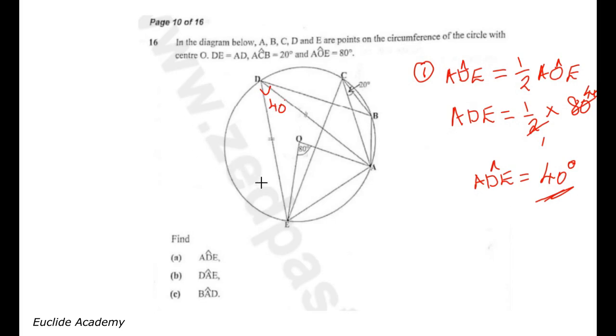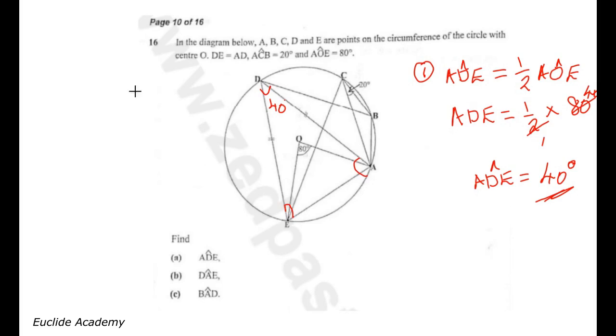But the thing is, this line and that one there, they are equal. So this triangle is a type which we call an isosceles triangle, which has two sides which are equal. In a triangle, if two sides are equal, it means the angles which are here and here are also equal.